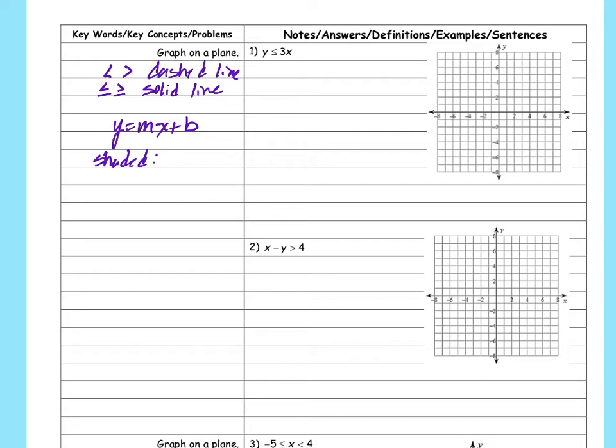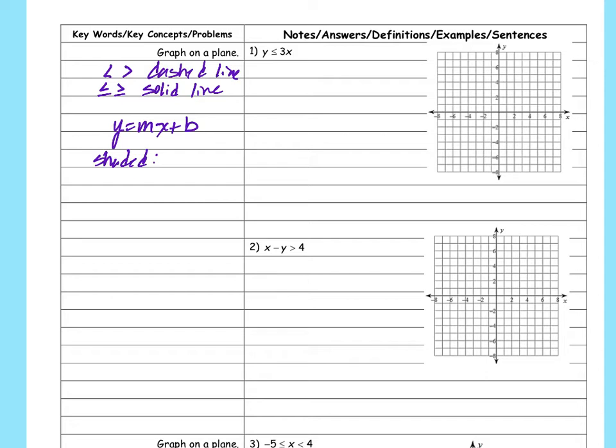So the most important things to remember are that we're graphing in slope-intercept form. It needs to be either a dashed or solid line, depending on what the inequality sign is, and the graph has to be shaded on one side or the other.